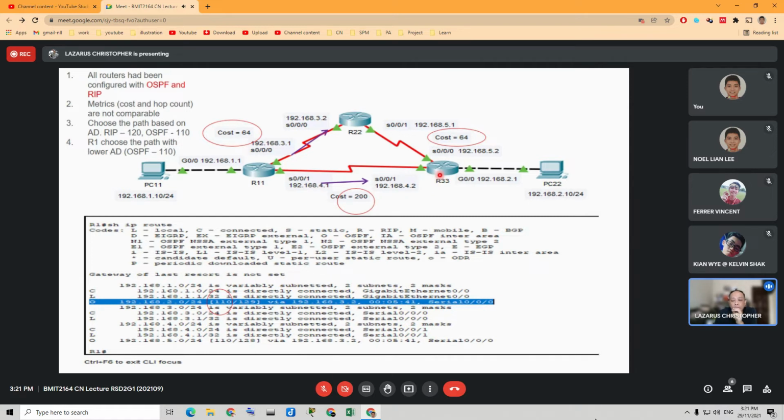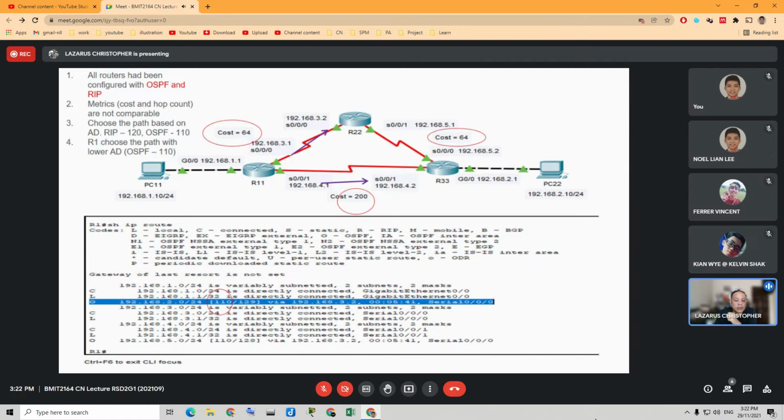RIP prefers lower hop count, so it will not consider this other path because it's 2 hops. But OSPF considers the cumulative cost, where 64 plus 64 is 128, plus 1 is 129, whereas here is 400. So OSPF will choose this path, even though it has an additional hop count.